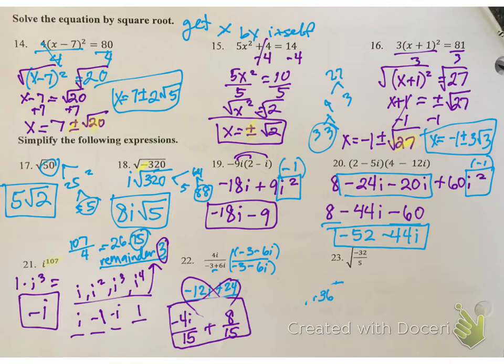Okay, lastly, number 23. I'm going to distribute this square root to the top and the bottom. Then I'm going to simplify the top. That would become negative, so the i square root 32 over square root 5. I cannot have a square root on the bottom, so I need to multiply the whole thing by the denominator.